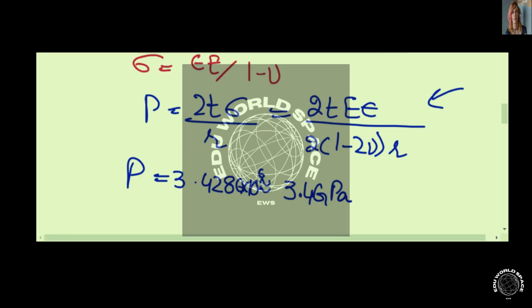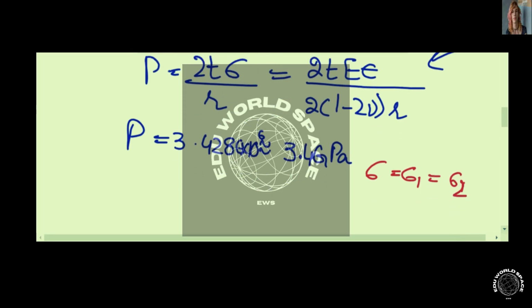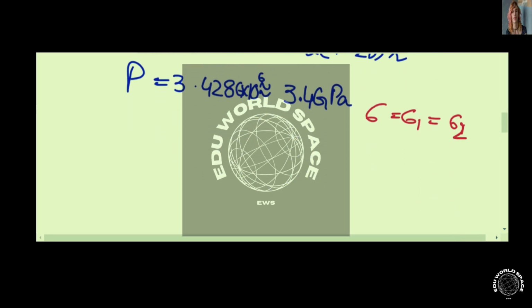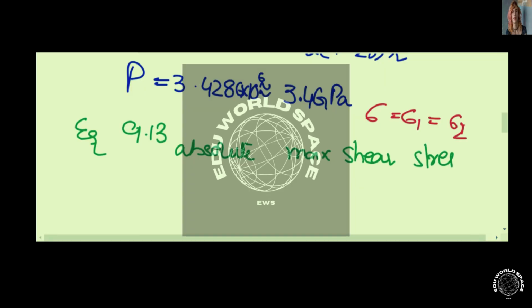Since the stresses will be the same everywhere, the principal stresses sigma sub 1 and sigma sub 2 have the same value and the same sign. So it means that equation 9.13 gives us the absolute maximum shear stress.